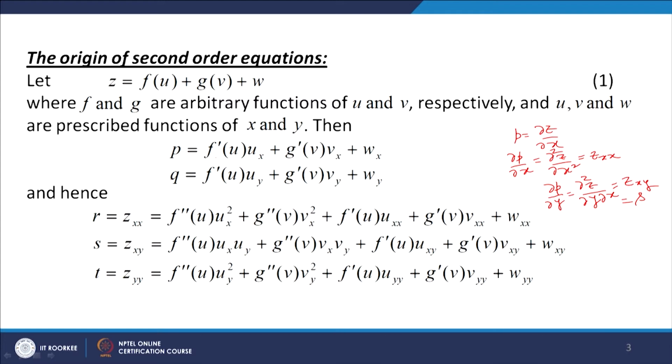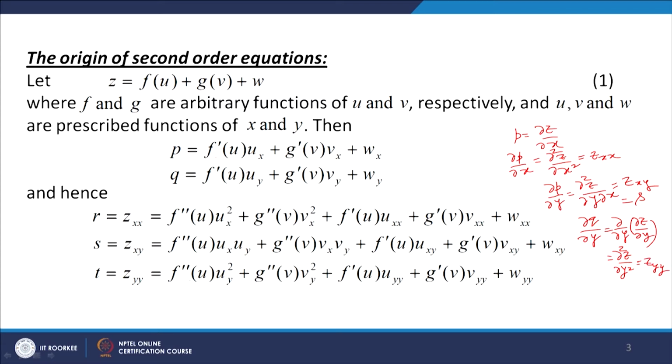And when we differentiate the equation q equal to f dash u into uy plus g dash v into vy plus wy with respect to y, what we get is zyy, which is t.